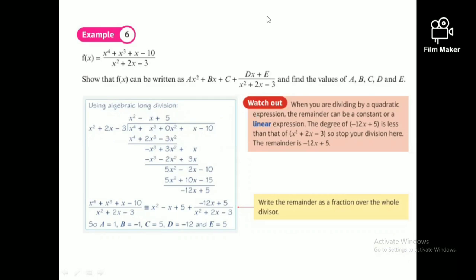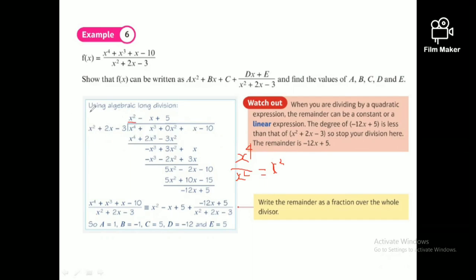If you are not much familiar, you can just write it this way. Divide x to the power 4 by x to the power 2. This is pretty simple. The answer is x to the power 2.